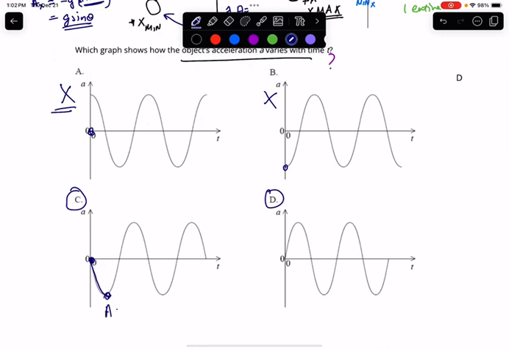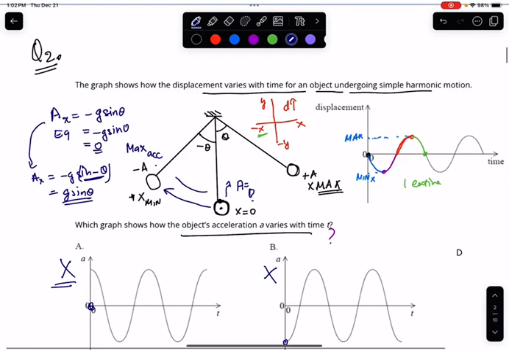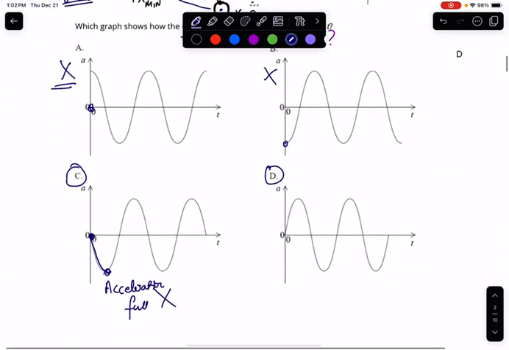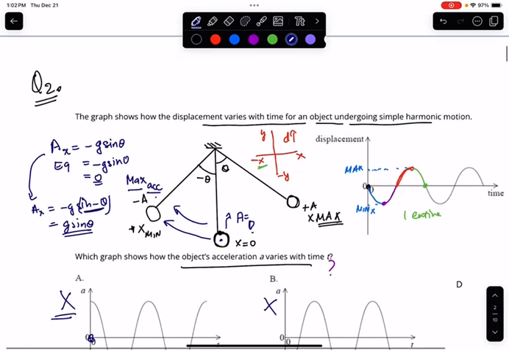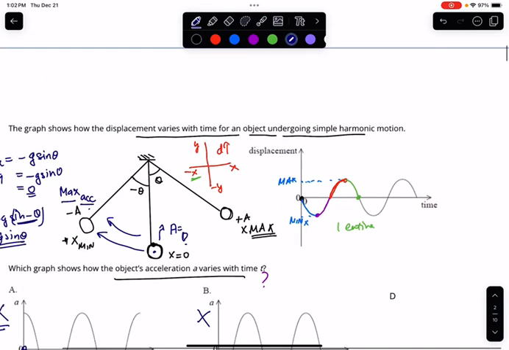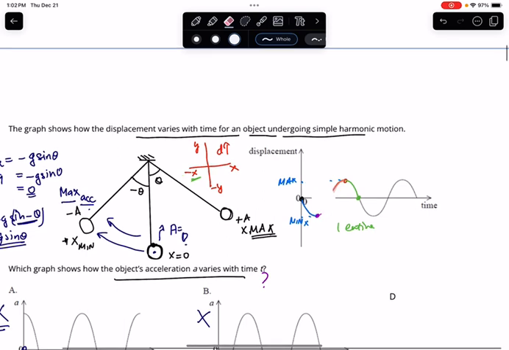But in this case, the acceleration is falling, and that cannot be the case, because as we have seen, when it goes to the left, you go to the maximum acceleration, and therefore graph D works the best. So that's one way to look at it. The other way is the mathematical way, where you can look at it in terms of sine functions and differentiation.